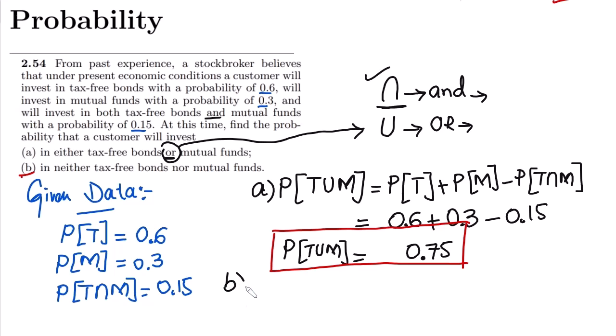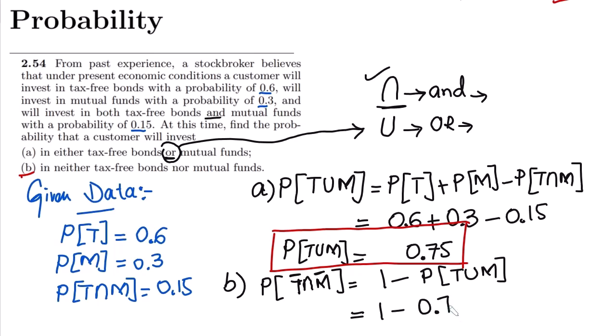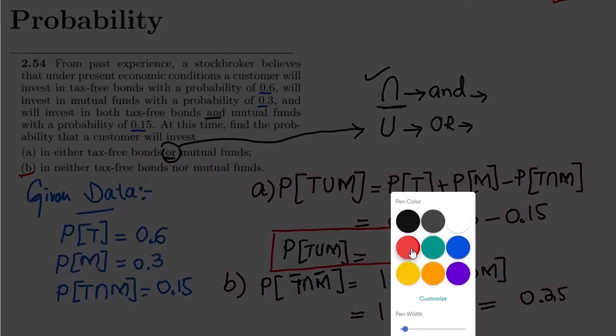We have to find the probability that he will invest neither in T nor in M. That would be T complement intersection M complement, which is basically 1 minus the probability of T union M, which is already given and has already been calculated. We saw that this was 0.75, so now it would be 0.25, which is the answer of part B.